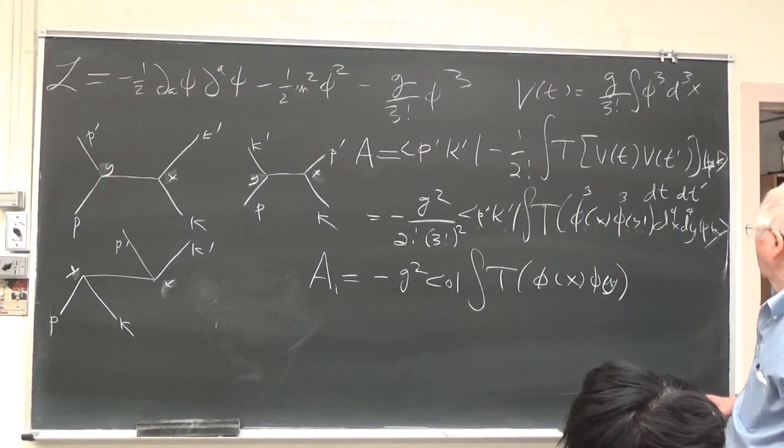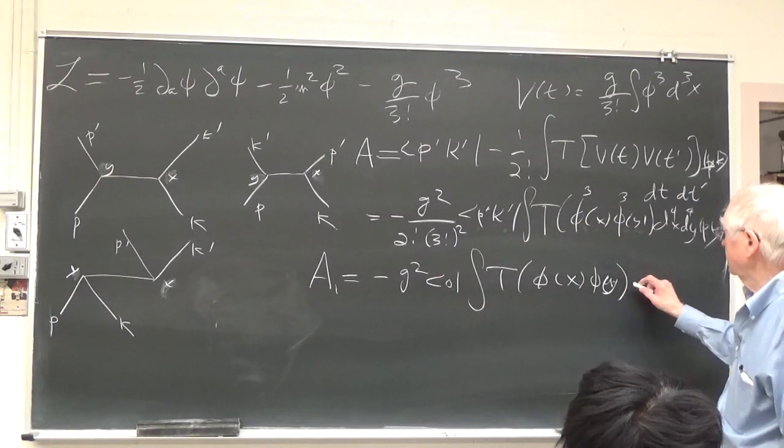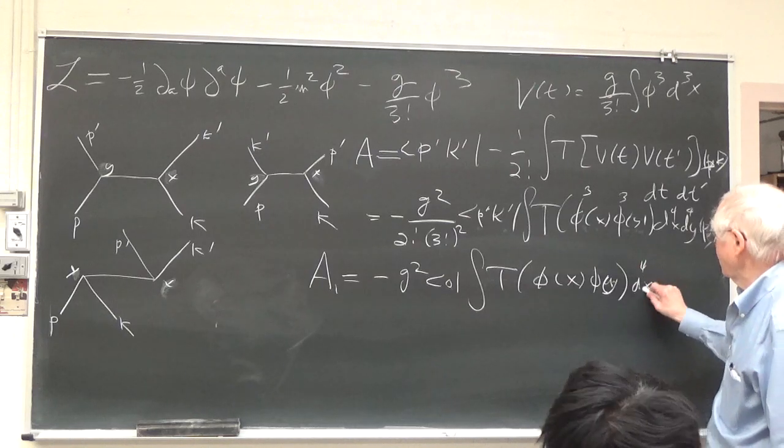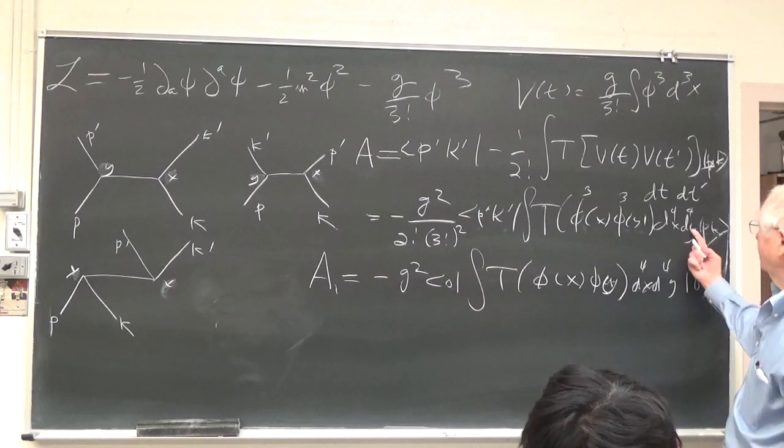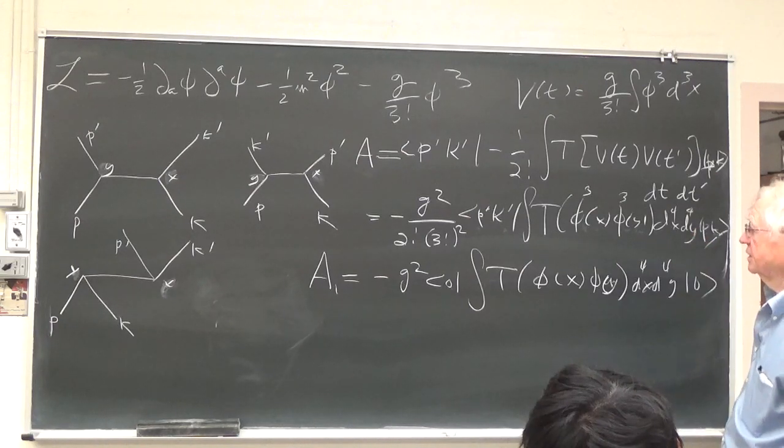So altogether this is minus G squared, vacuum, integral, time ordered product phi of x, phi of y, d fourth x, d fourth y, vacuum, and then the overall factors here are what?